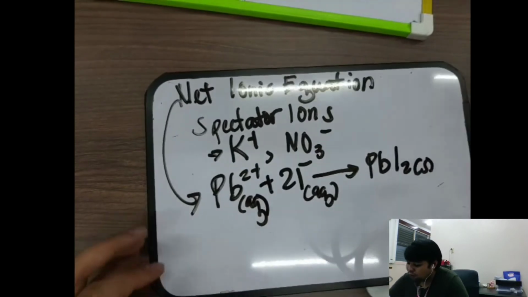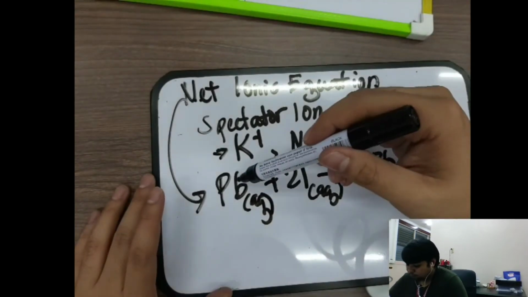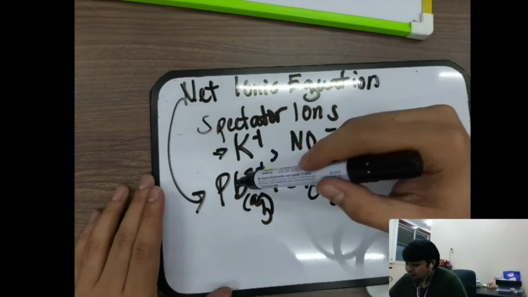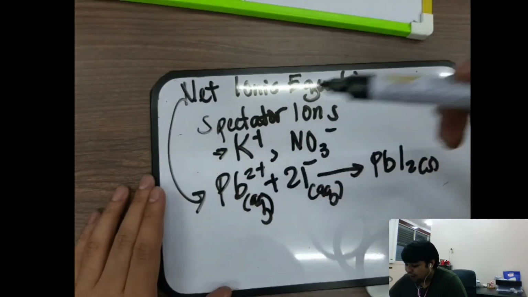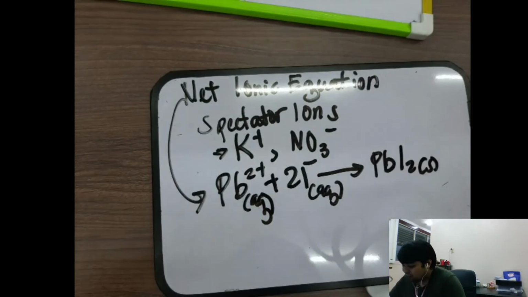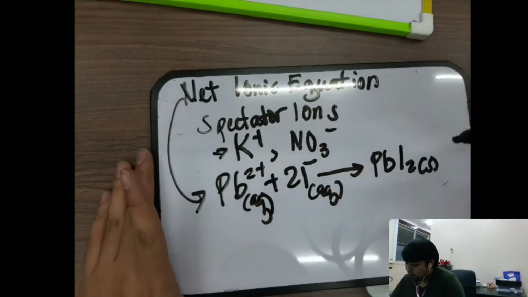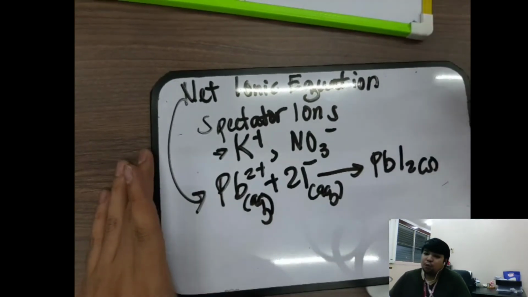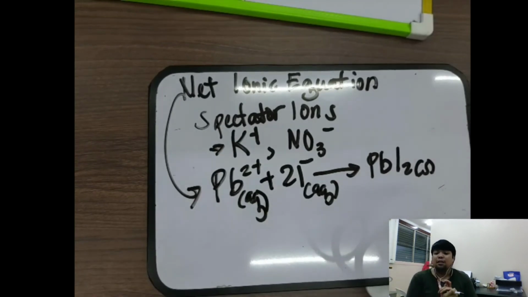If you see, lead 2 plus and iodide anion reacted together to form your lead iodide, which is the solid precipitate. So what do spectator ions do? By their name, they just float there in the course of the reaction. They do not actually participate in the reaction.